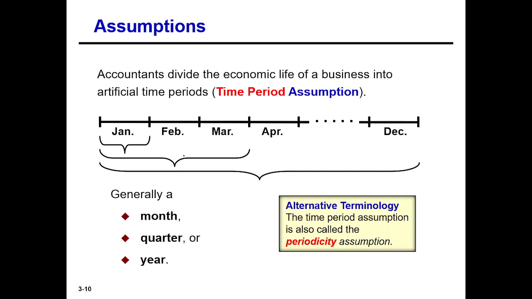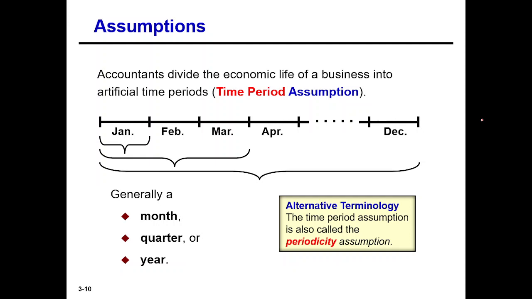Another assumption is the time period assumption. This assumption says accountants divide the economic life of a business into artificial time periods. Any business will have a period of time, but when to prepare its financial statement? امتى هعمل financial statement عشان احصل على information?